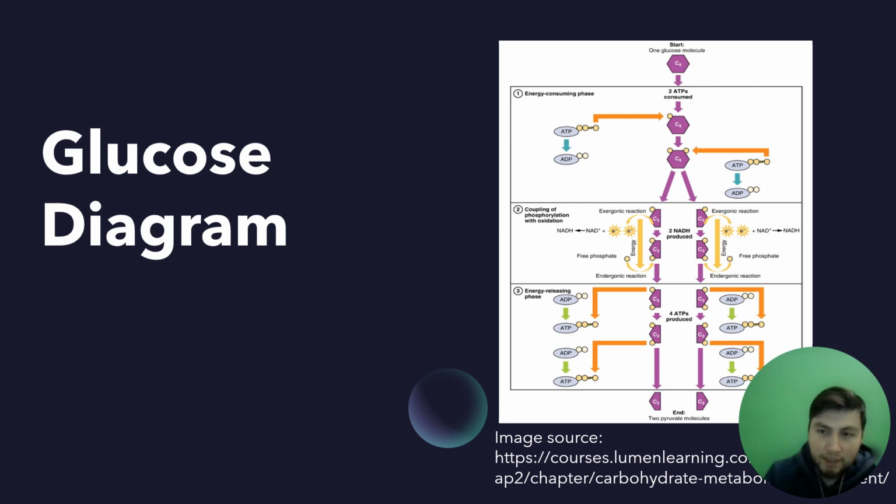So those create the two pyruvates, which leads to the two NADH with two hydrogens plus the two ATP and two waters. So the hydroxyl groups allow for the phosphorylation.